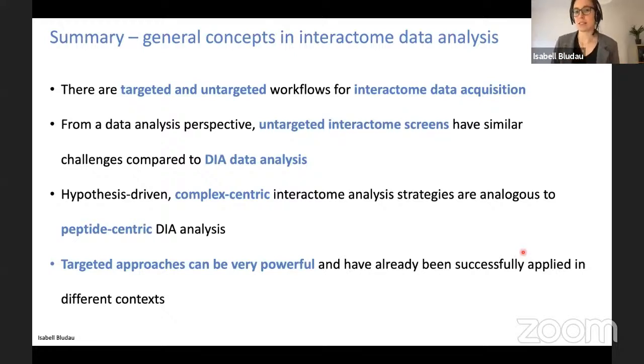These also exist in interactomics, and from the data analysis perspective, untargeted interactome screens have a lot of similarities and similar challenges with DIA data analysis, and the hypothesis or complex-centric interactome analysis strategy can be seen as analogous to the peptide-centric DIA analysis, and turned out to be a very powerful strategy that has been successfully applied in different contexts.